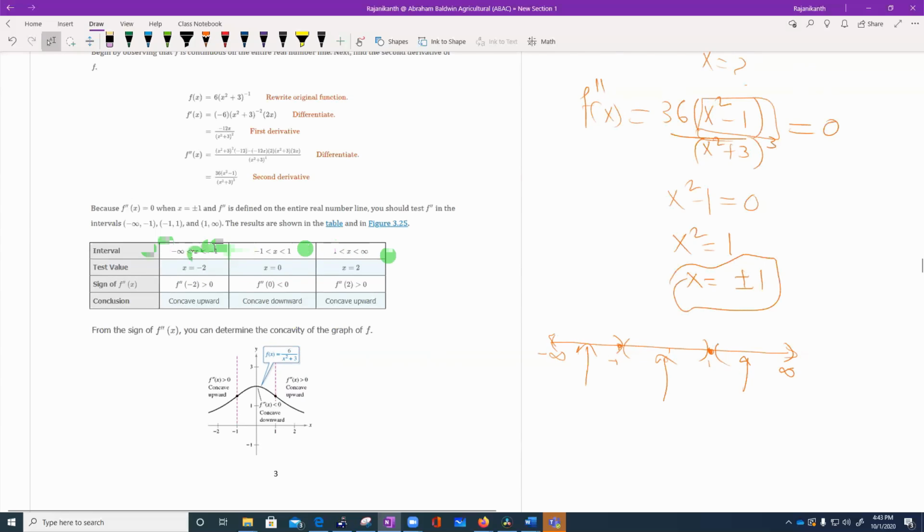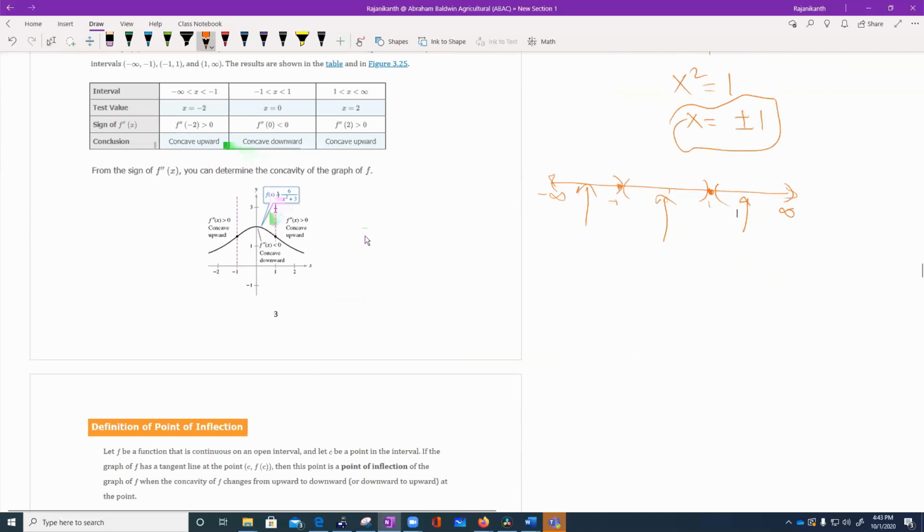Now, like we did earlier, you have to take the test value for the second derivative. This is up to you. You could pick any number in this interval. You could pick negative 100 if you want, no problem. Now you have to look at the second derivative function value.